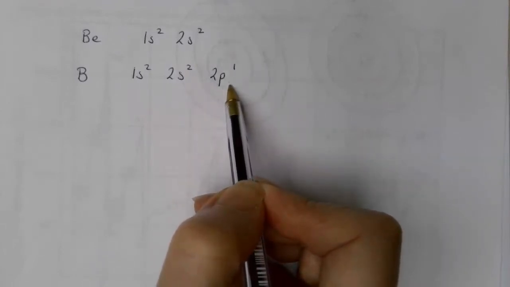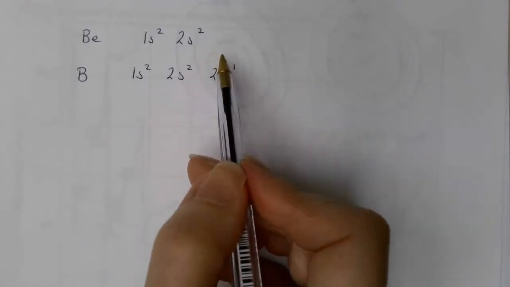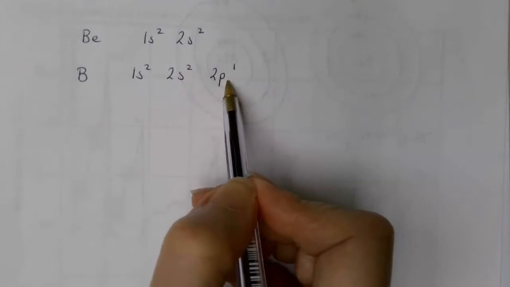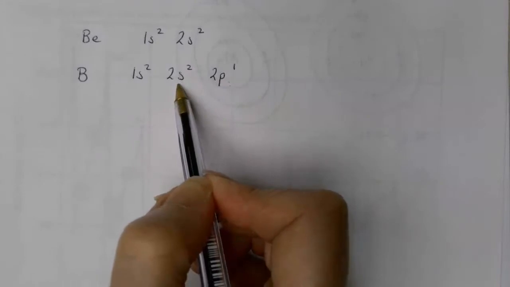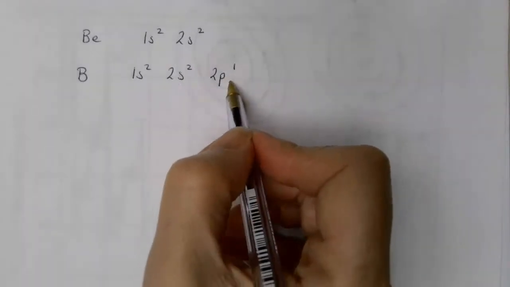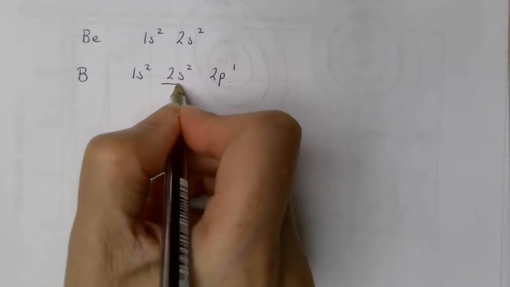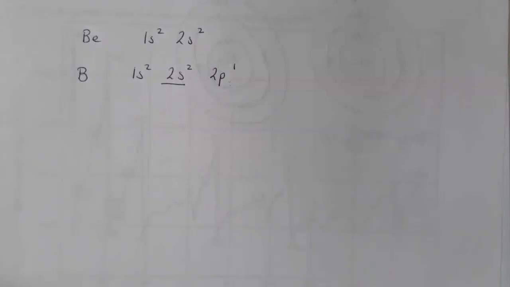Now it's still closer to the nucleus and it's still got more protons than beryllium, but it's in a higher energy level. It's in a 2p rather than a 2s. Also, the 2p electron is being shielded or screened by these 2s electrons. And that's enough to reduce the ionization energy by a small amount.